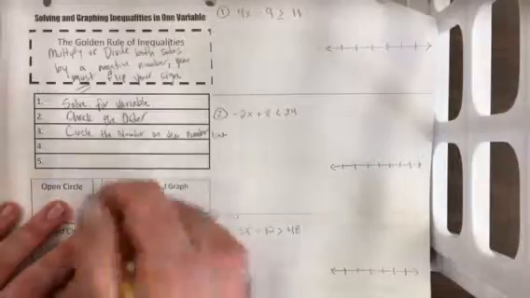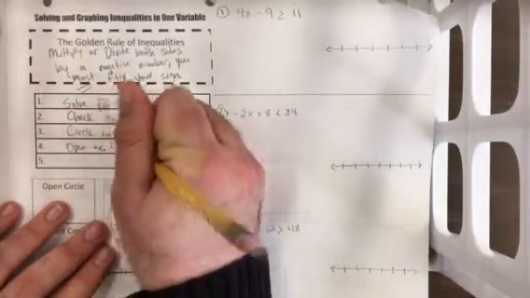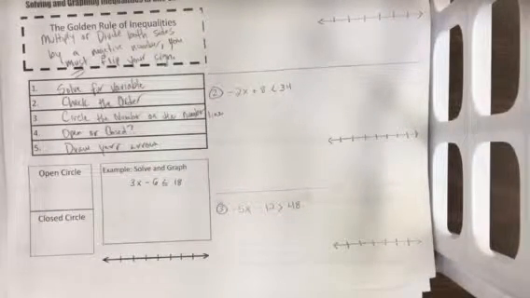After we circle the number, we determine is it open or closed. Remember, we talked about that in the first page. Then draw your arrow. I know I just wrote a lot, so if you need a minute to pause the video and write this down, right now is a good time, but I'm going to keep going.